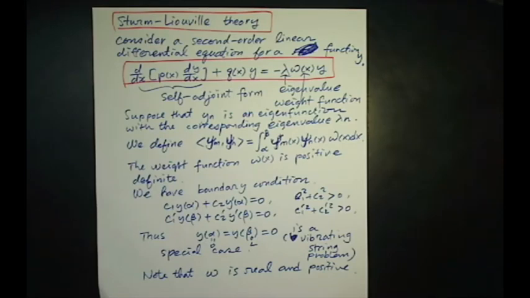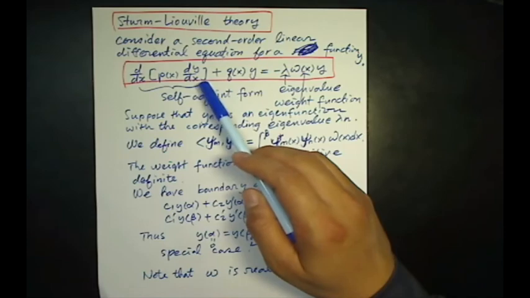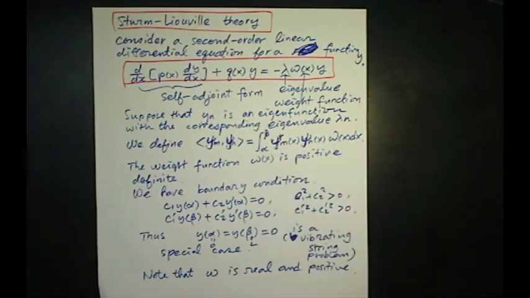We say this kind of second order differential operator to be self-adjoint. The orthogonality of this eigenvalue problem is what we call the Sturm-Liouville problem.